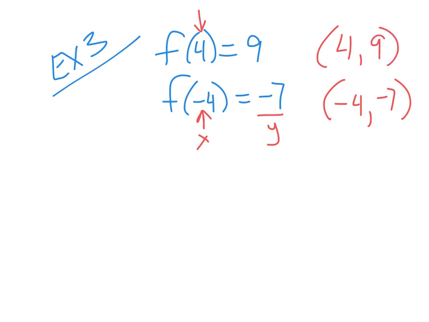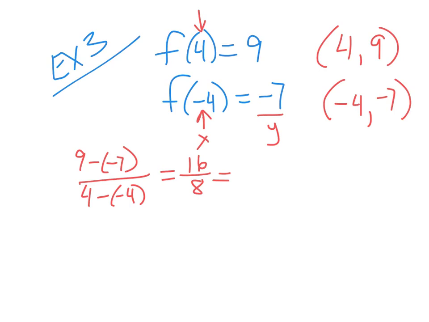So now I have 2 points. Can I find the slope? Yep. So 9 minus a negative 7 over 4 minus a negative 4. 9 plus 7, 16. 4 plus 4. Well, that makes it easy. What's 16 divided by 8? 2.